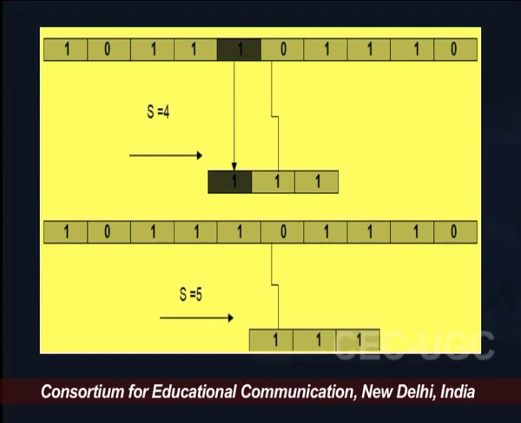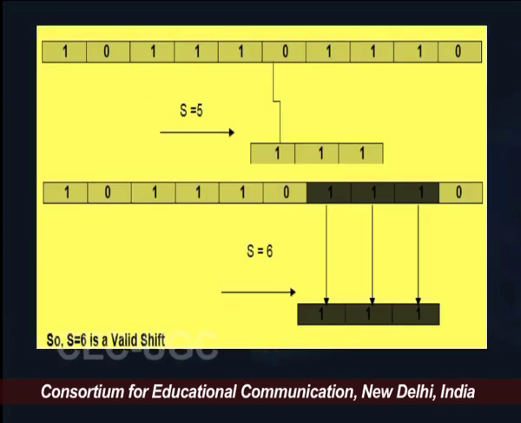Now, the 8th, 9th and 10th characters of your text are matching perfectly with the first, second and third characters of the pattern, which are 1, 1 and 1. Looking at the shift, we have shifted 6 times.